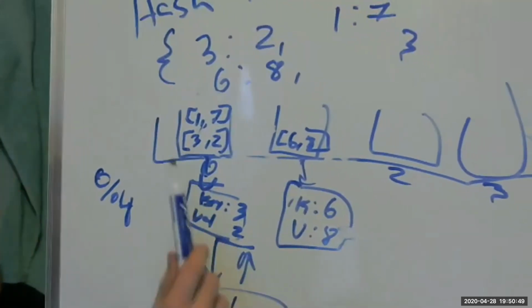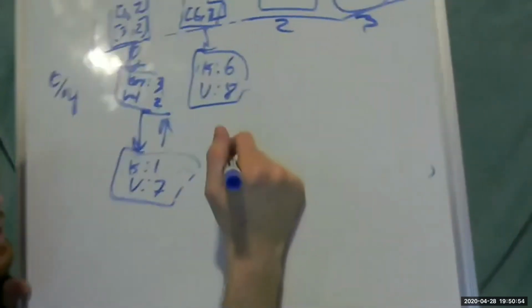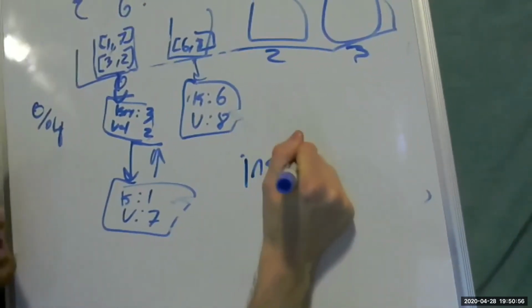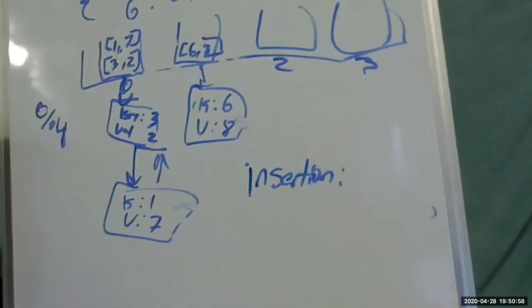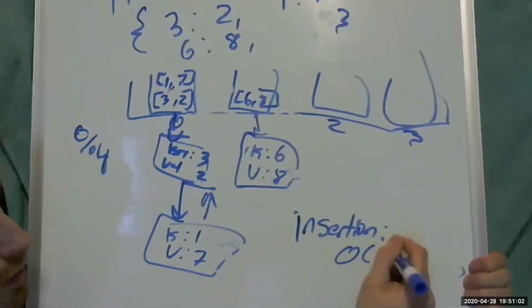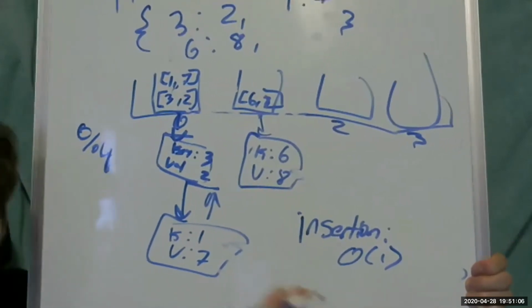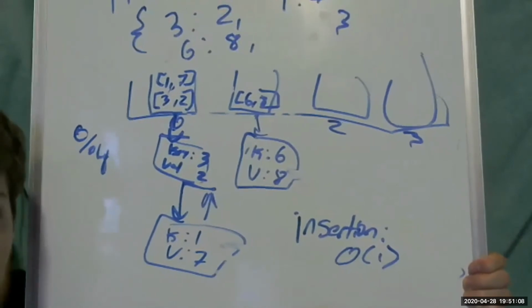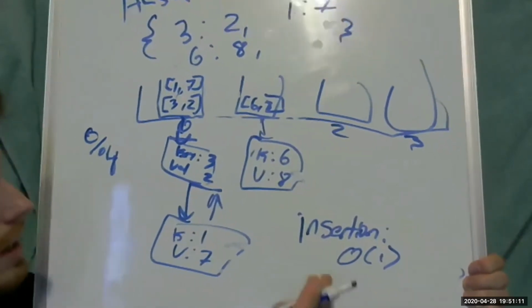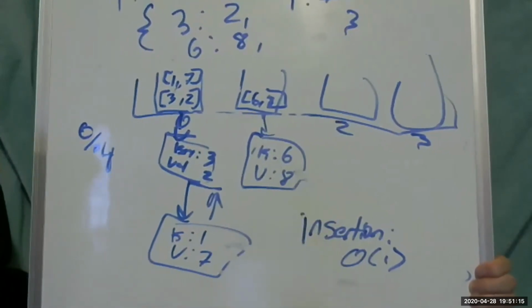So let's go over it one more time. We have our insertion. Our insertion takes O(1) because we'll take a key, hash it, and mod it. These are all math, just constants. Then we can check that bucket and go through it.